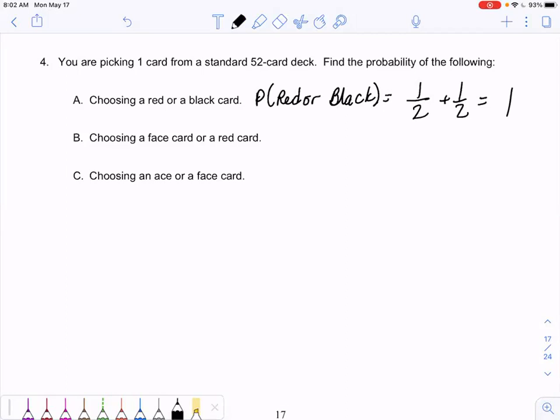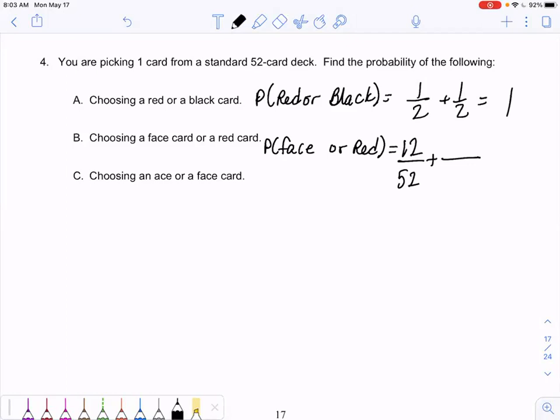Looking at part B, the probability of choosing a face card or a red card. So now I want the probability that we get a face card or a red card. So Ella told us before that there are 12 face cards.